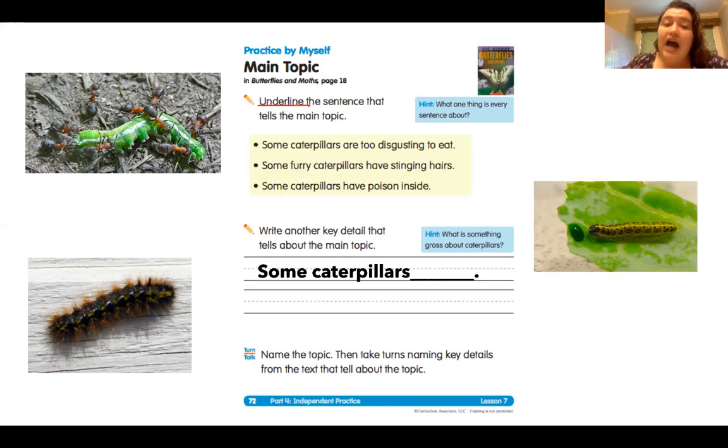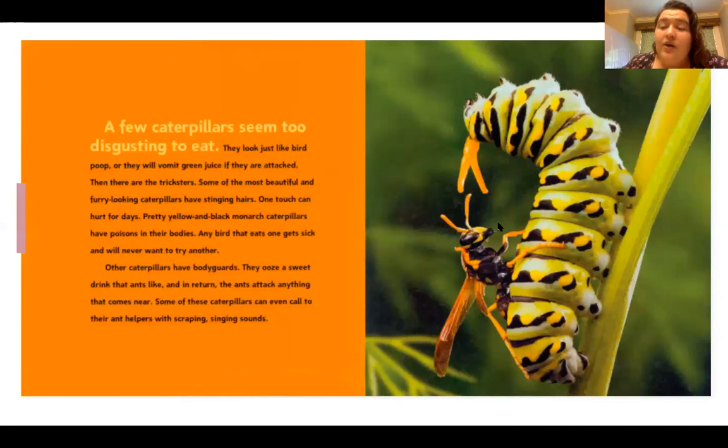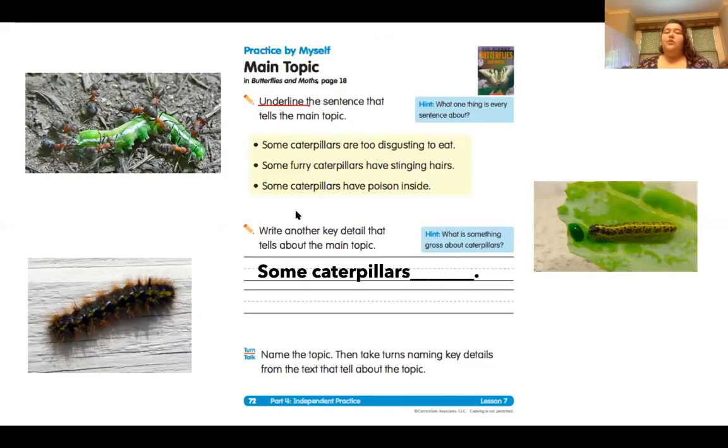So we had lots of examples about how caterpillars help themselves, but the main topic is just what the story is going to be all about. So pick one of these and underline it. Which one do you think that the story is all about?